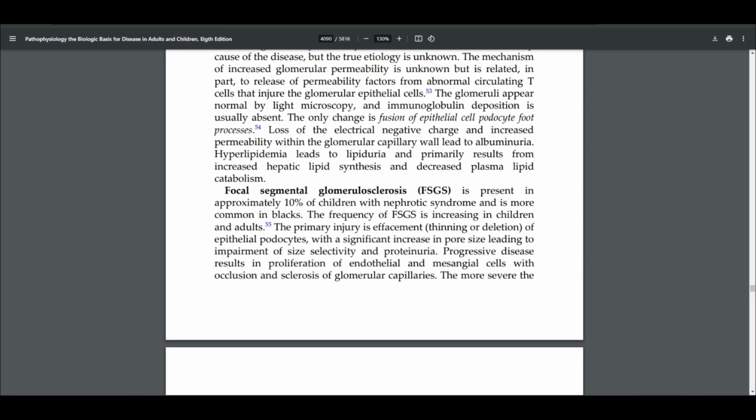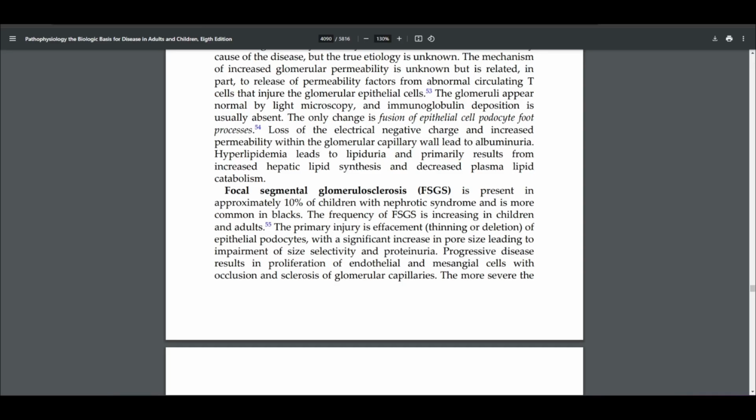Focal segmental glomerulosclerosis, FSGS, is present in approximately 10% of children with nephrotic syndrome and is more common in African Americans. The frequency of FSGS is increasing in children and adults. The primary injury is effacement, a thinning or deletion of the epithelial podocytes, with a significant increase in pore size leading to the impairment of size selectivity and proteinuria.